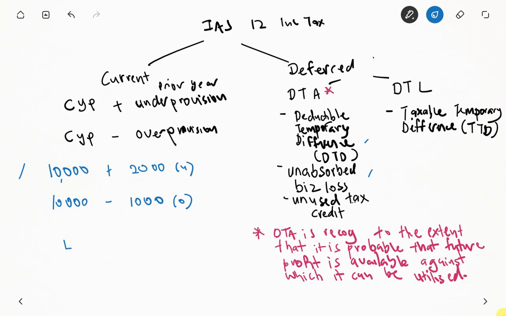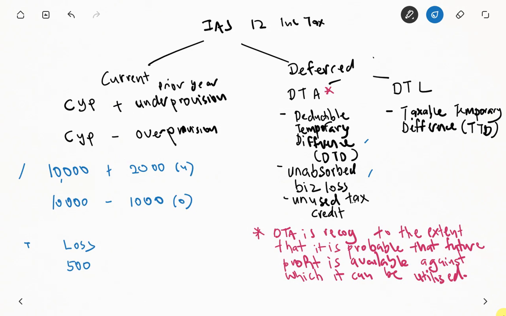Example: this year I make a loss of 500, easier. If I make a loss this year, do I have to pay tax this year? No, no need to pay tax. So what do I do with this 500? Can I carry it forward to next year? Yes, this $500 I can carry forward.